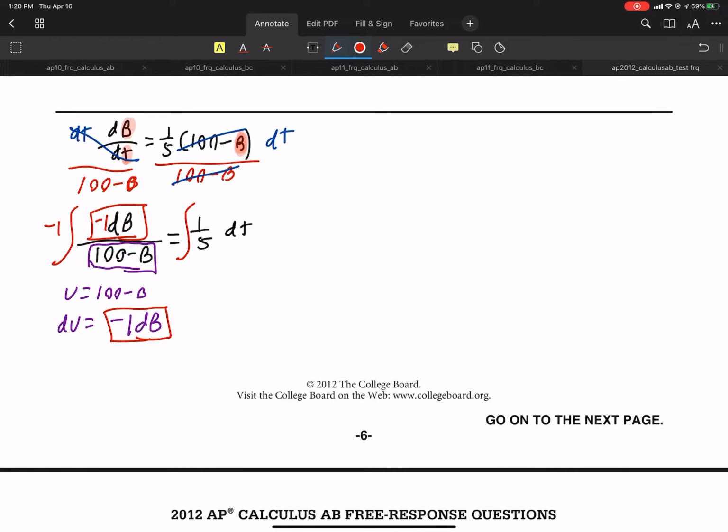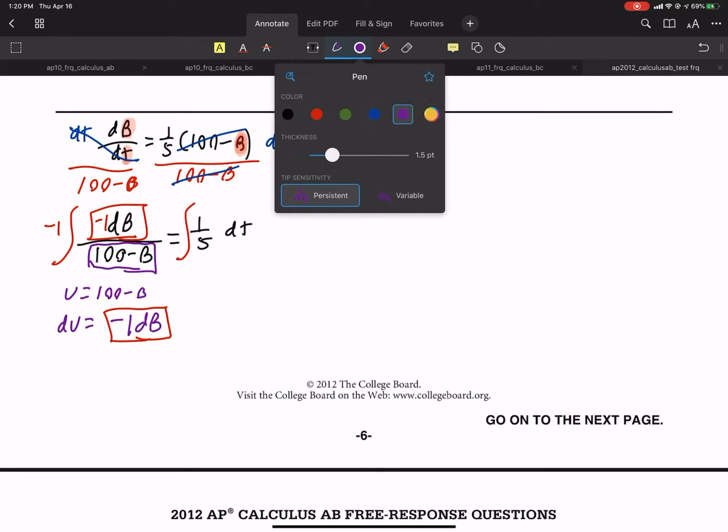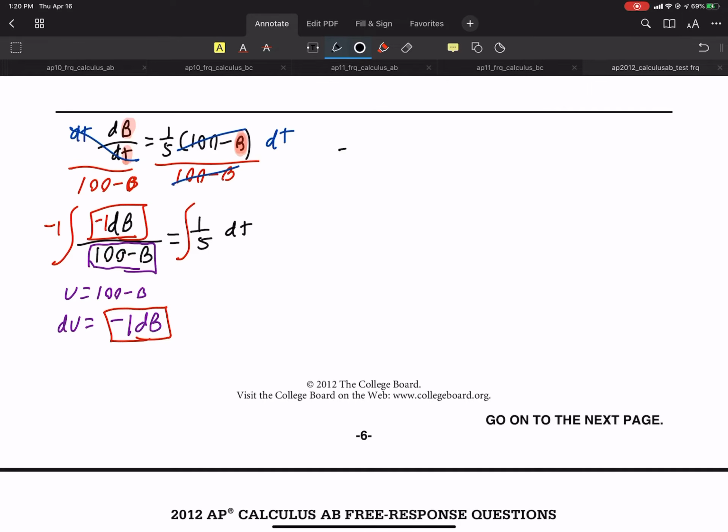Now we're going to sub everything out, or in. So we're going to get -1 integral. And the red part on top is replaced by du, and the bottom is replaced by u.